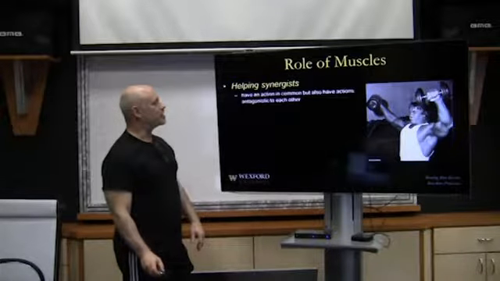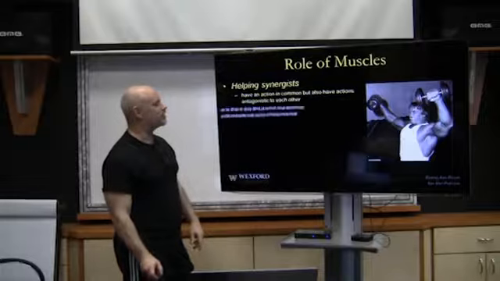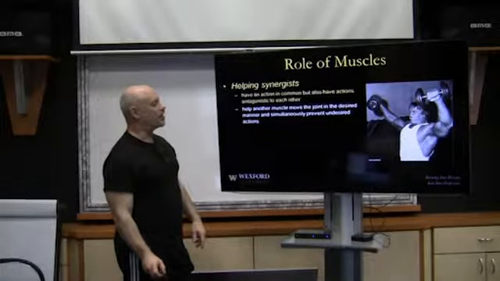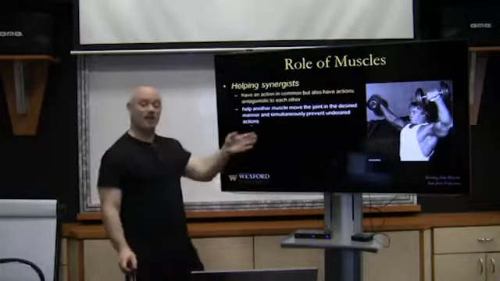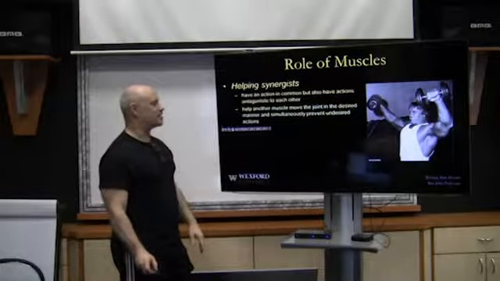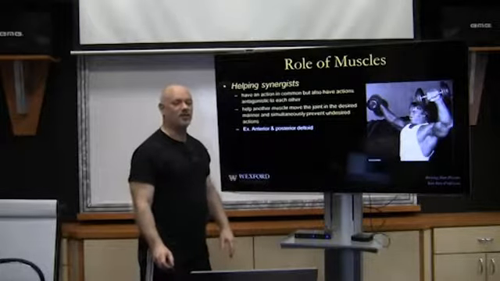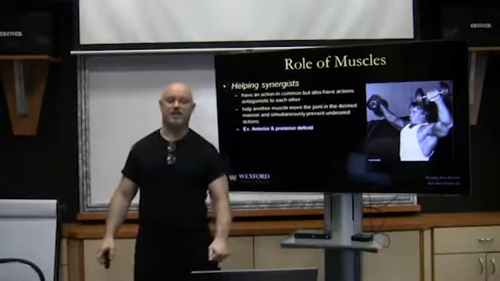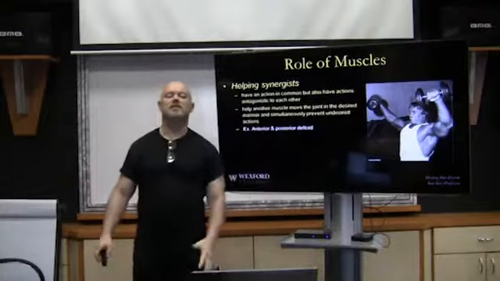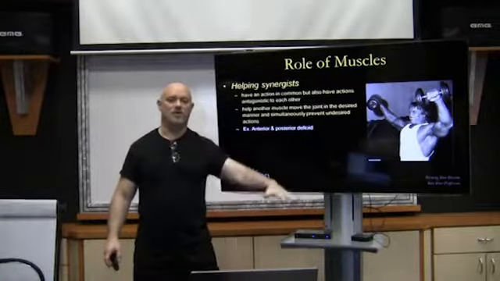Now, helping synergists have an action in common but have actions antagonistic to each other. They help another muscle move the joint in the desired manner and simultaneously prevent undesired actions. If we look at the anterior and posterior deltoid, if we look at that action, here is abduction. The medial deltoid wants to work in there.